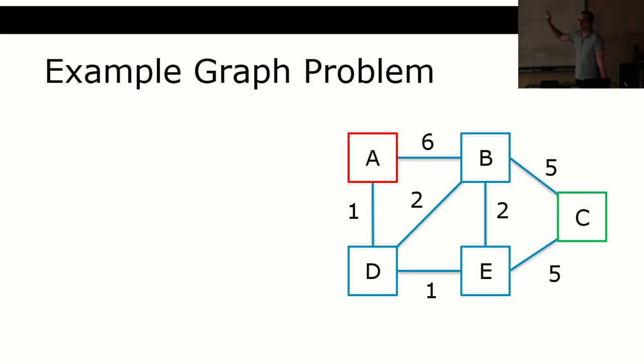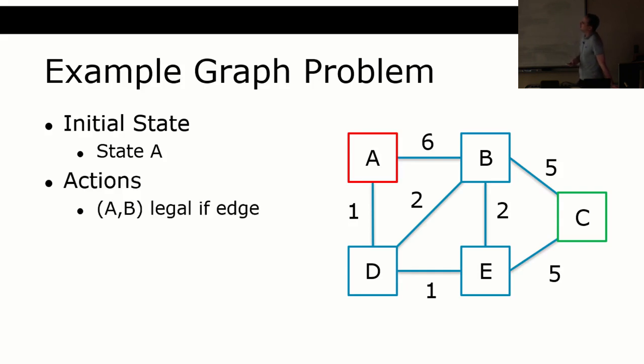So I'm sure you've all seen some sort of problem definition like that before. So in this particular case, our initial state is going to be state A. Our actions are going to be, you can travel directly from A to B. That is legal if there is an edge between them. So here, for example, going from A to D or D to E is legal. The goal state is over here in green. Apologies to colorblind people.